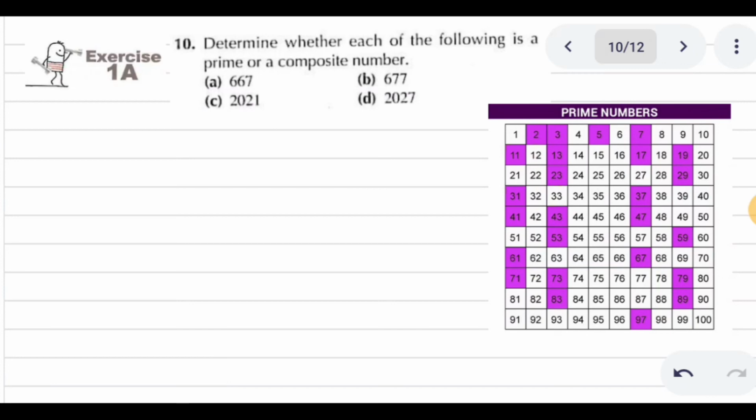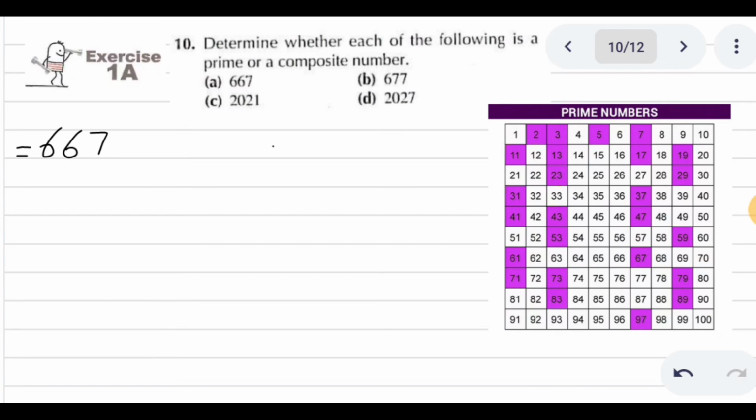Question number 10 from exercise 1A of book D1. The question is, determine whether each of the following is a prime or a composite number. So we are going to solve the first part of this question, that is 667. First of all, as I have explained in question number 1, we have to pick a number whose square is greater than 667.